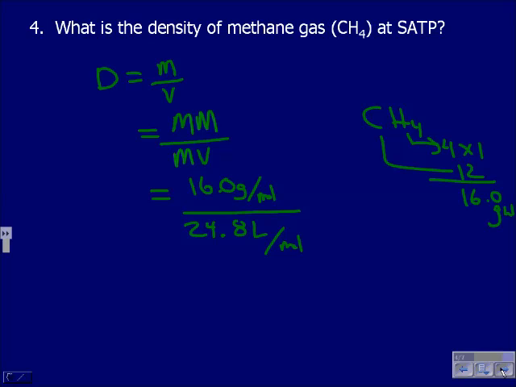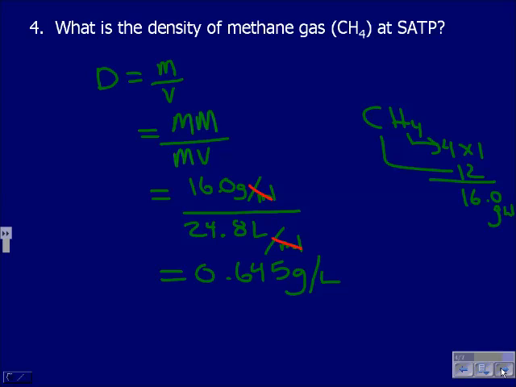And if you cancel out the per mole, you have units of grams per liter. That's a mass and a volume unit. That is a density value. 0.645 grams per liter.